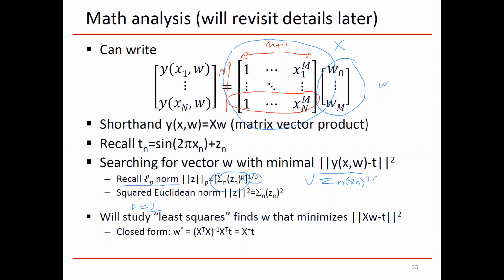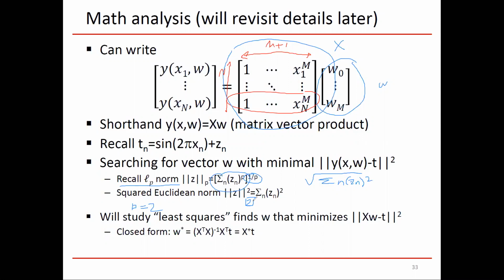If we ignore the square root, what's inside is the squared Euclidean norm, often denoted by this double square bracket with superscript 2, and we often implicitly assume subscript 2. That's the standard norm, the 2 norm.